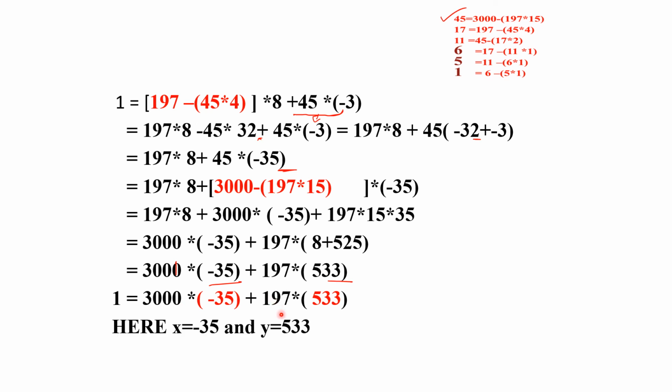The general format is the first number multiplied with x plus the second number into y. So here x will take the value minus 35 and y will take the value 533, and this expression is termed as the linear combination of the GCD in terms of the corresponding numbers. Hope you understood how to find the GCD.